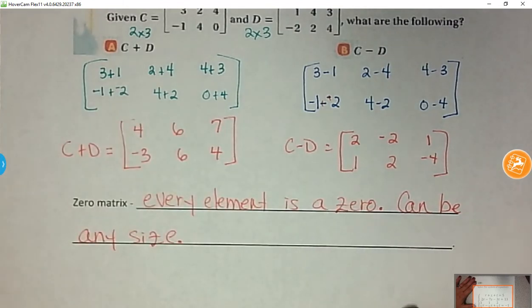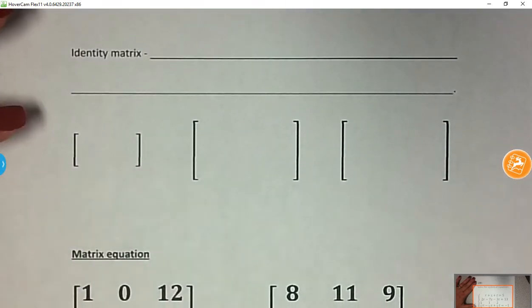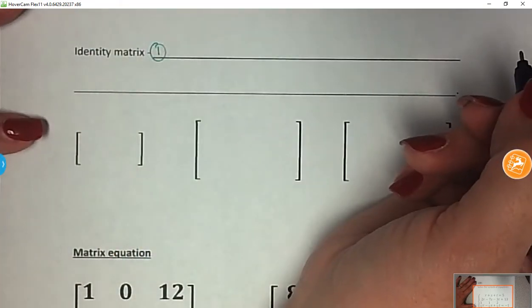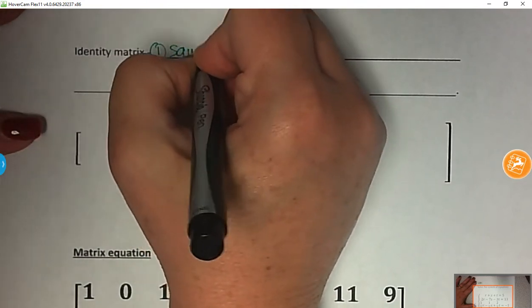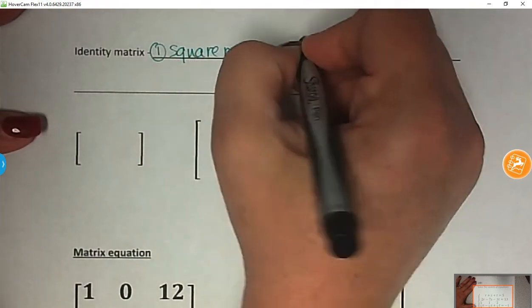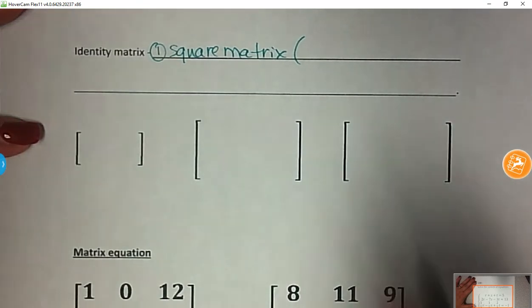Next, we need to talk about an identity matrix. Now, a couple things that you need to know about an identity matrix. The first thing is it has to be square. Okay? Now, what is a square matrix? Well, it is a matrix that has the same number of rows and columns.